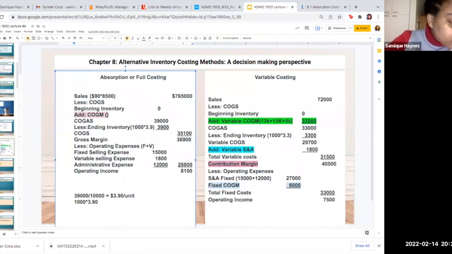How did you get 140,000? 40 times what? 40 times 10, okay, plus the 100,000. Okay, so 140,000. So what is your cost per unit?